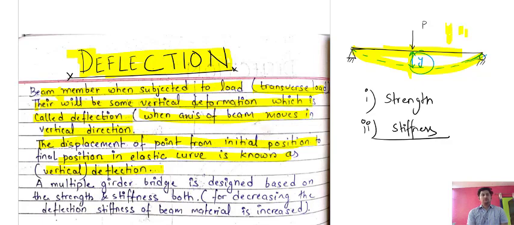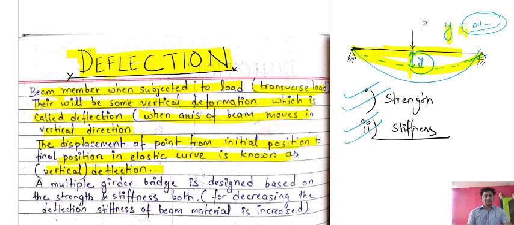The permissible amount of deflection is, suppose, 0.1 mm, and if it is deflecting more than this, the deflection is more than the permissible limit. In that case this structure is failing. So you have to see both criteria, that it obeys the strength criteria and the stiffness criteria, for designing any structure.